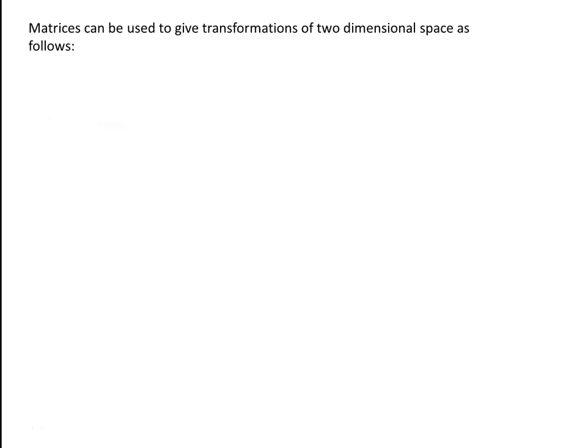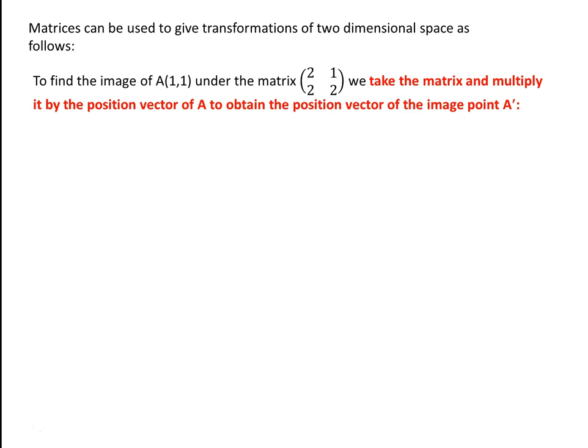Now we can use matrices to define transformations in the following way. If we want to find the image of the point 1, 1 under the matrix 2, 1, 2, 2, then we take the matrix and we multiply it by the position vector of A to obtain the position vector of the image point, which we'll call A dash.